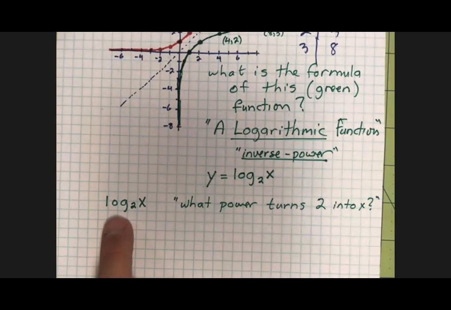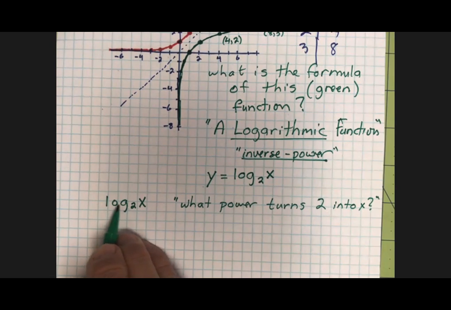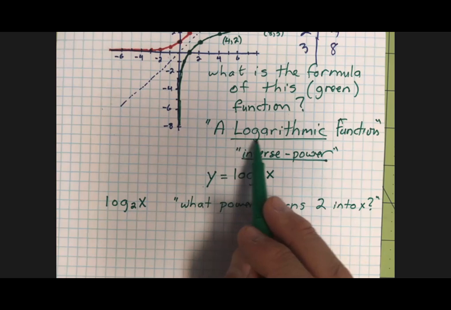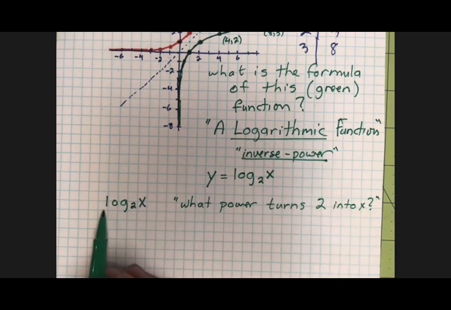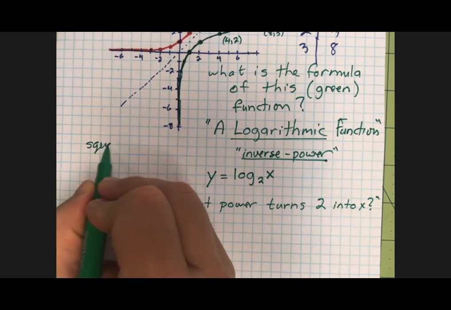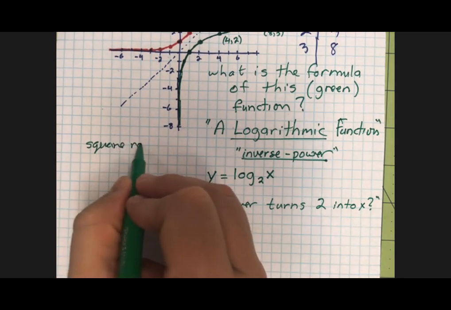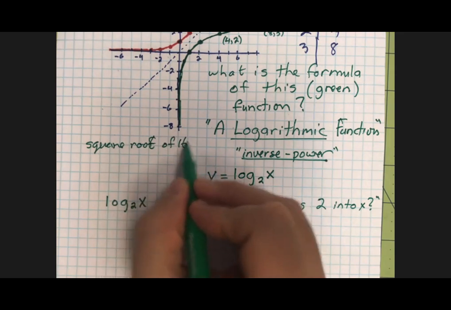When you see someone write log base 2 of x like this, when I say base, I mean I'm using this little 2 as a subscript of the log function. And I don't want to write the word logarithm. Nobody writes the word logarithm out. They just write log for short. In the same way, nobody writes out square root of 16.